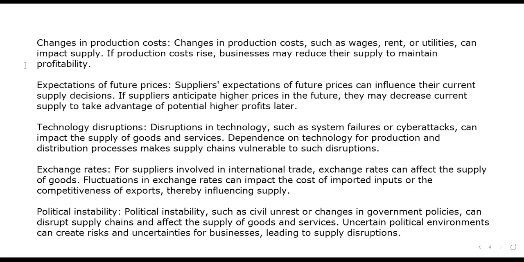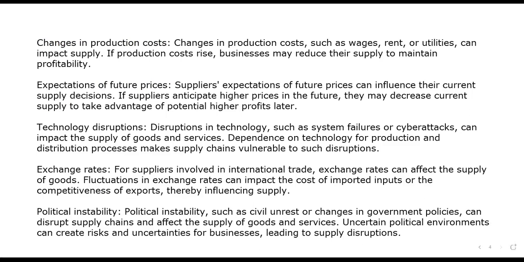Technological disruptions or technology itself affects supply. So if we have a technology-dependent supply, failures in technology will also reduce supply. Exchange rates also will affect the supply of certain goods and services. Political instability affects supply. So all in all, these are some of the factors that affect supply.